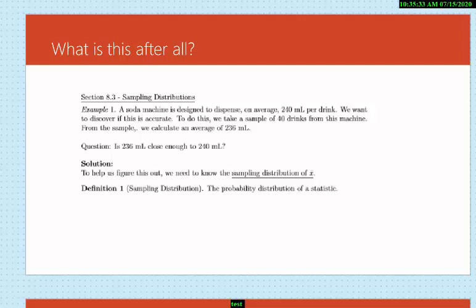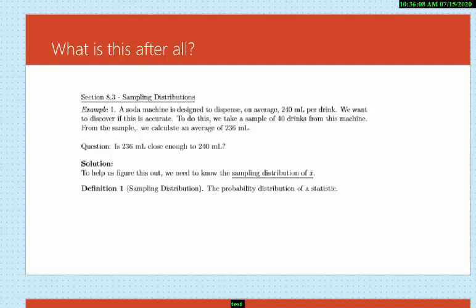Let's look at a different example. A soda machine is designed to dispense, on average, 240 milliliters per drink. We want to discover if this is accurate. Many times, this is a real-life case scenario, because people do want to really calibrate their machines and to know exactly how much of the product this machine will dispense.